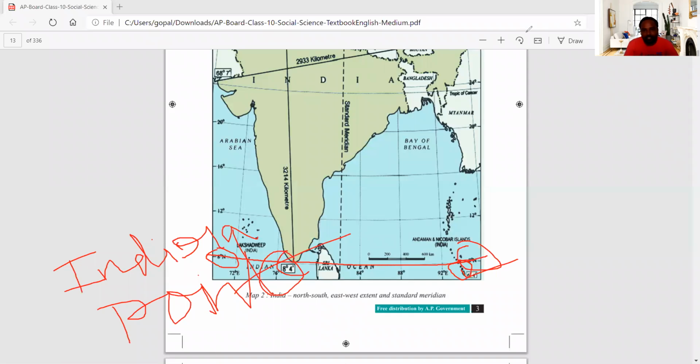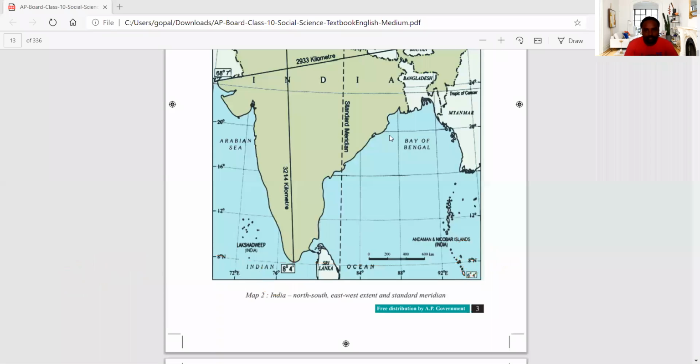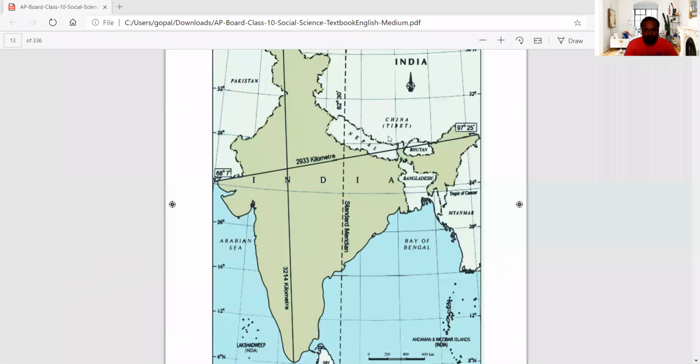Okay, next we will see the extension of India. How much extent is there from north to south? So first, from this place to this place, if you measure the distance from here to here, it is about 2933 kilometers totally.